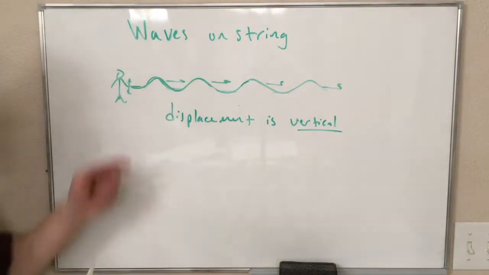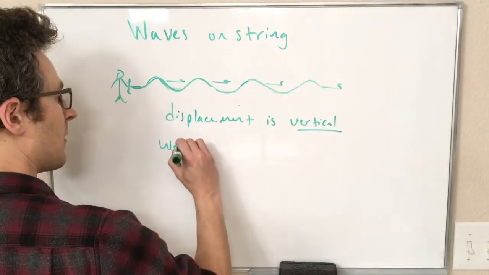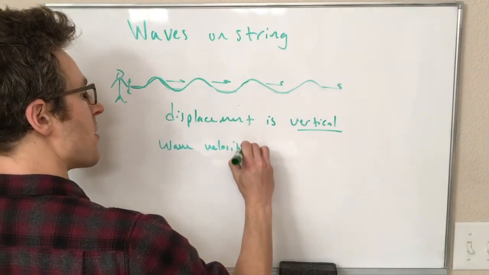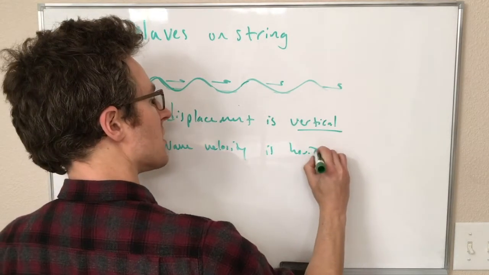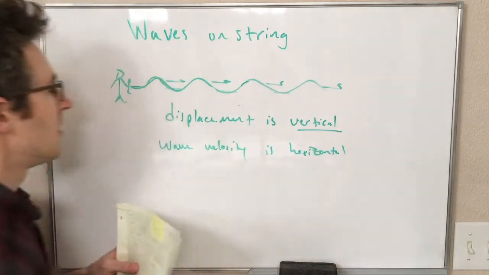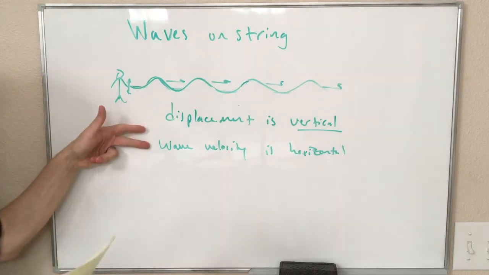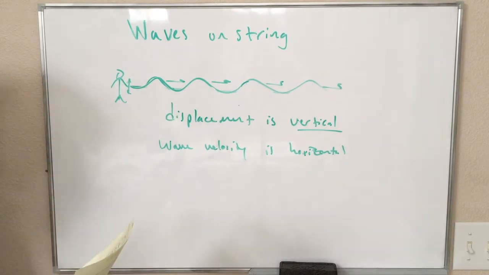And this is true even though the wave is traveling horizontally, right? The wave velocity is horizontal. So our displacement is actually in a different direction to the direction the wave is traveling. These two are perpendicular to each other.